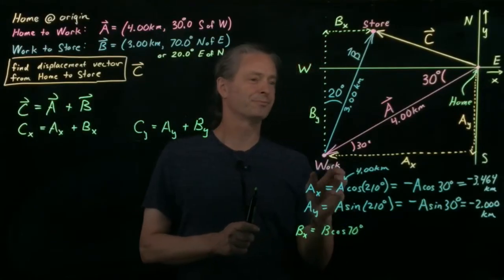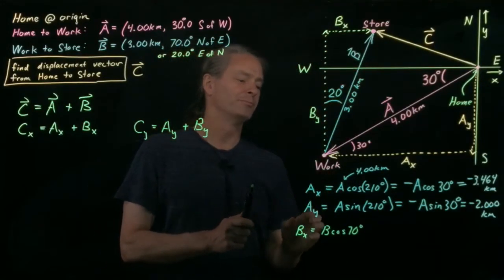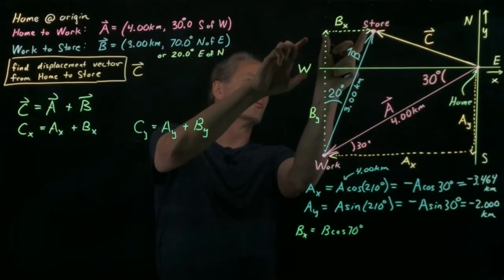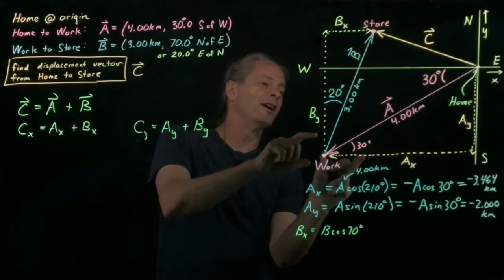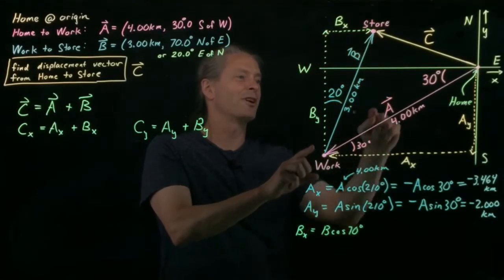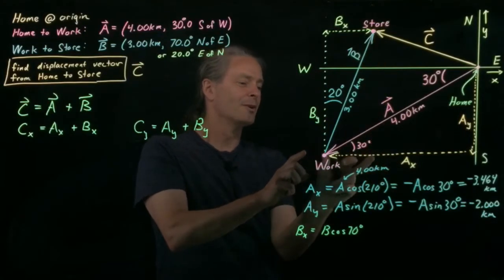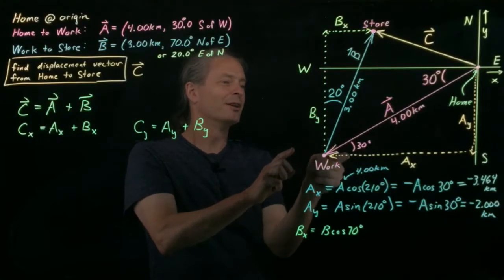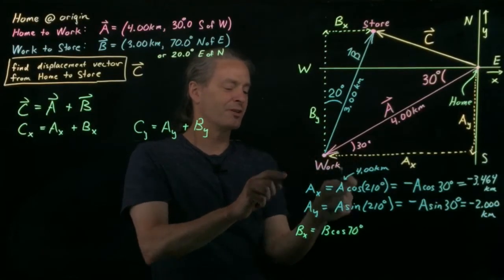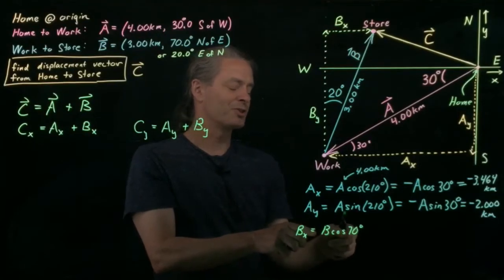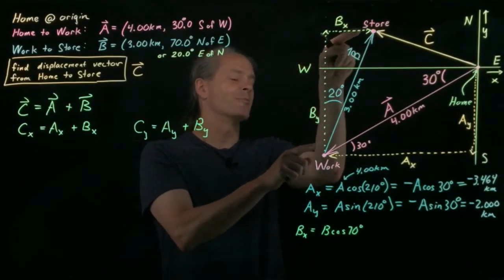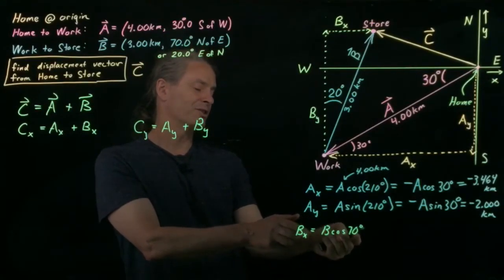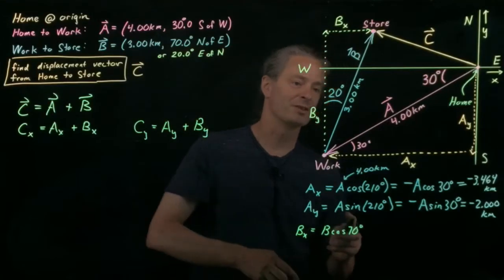So I could imagine this B down here, B sub x down here, and draw this over here. So I have a right triangle this way. B sub x would be the side adjacent to the 70-degree angle, which I'm not showing, but that would be a 70-degree angle if this is a 20-degree angle. And so this B cosine theta would give me B sub x. The positive sign would come out of that. Cosine of 70 degrees is positive, right? And B is positive 3 kilometers.